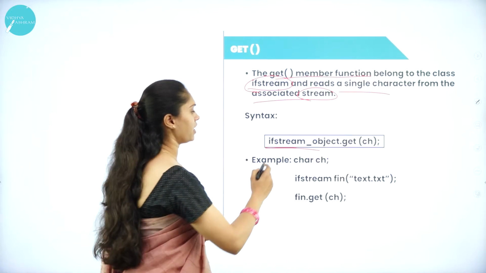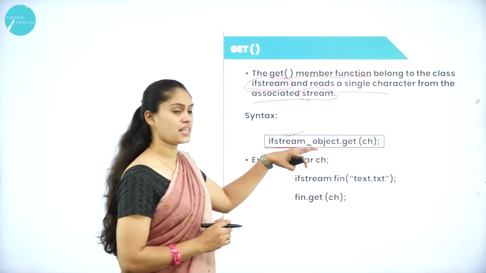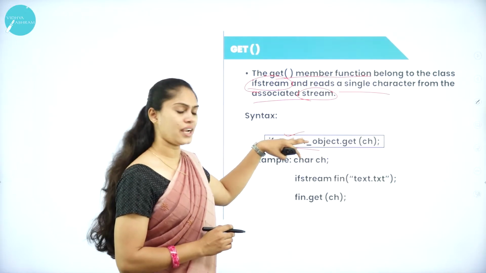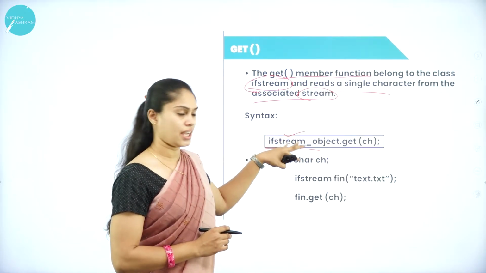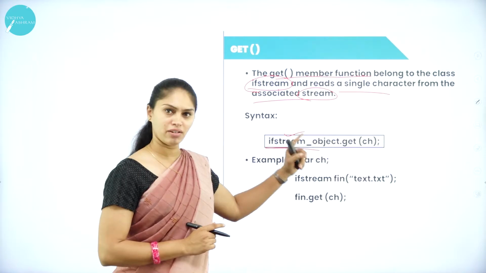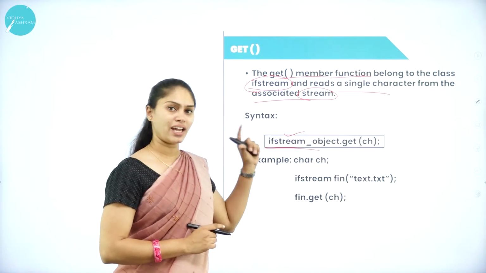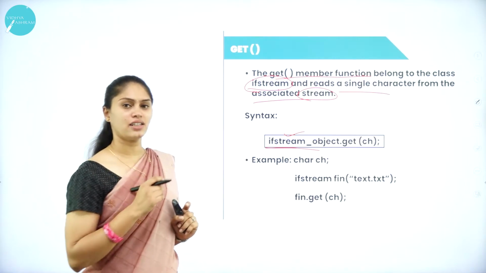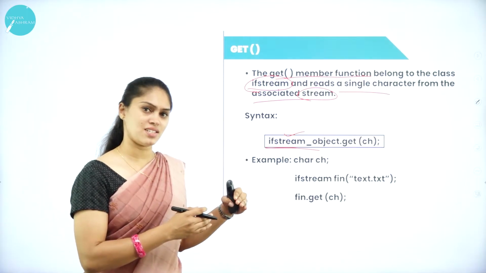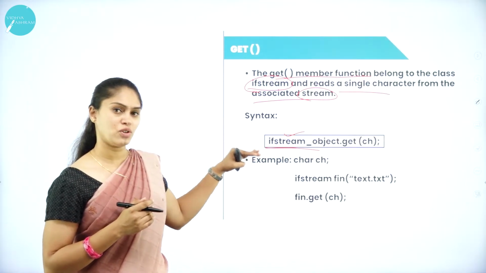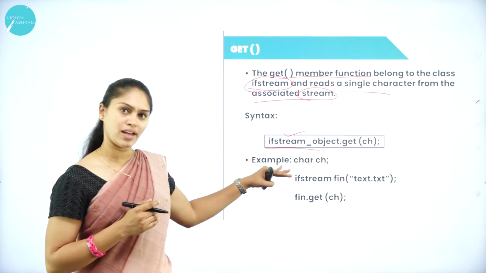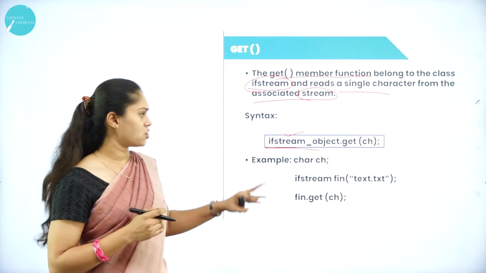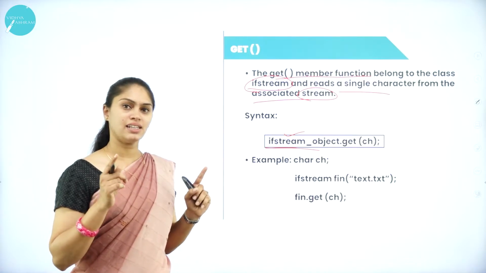Getting? Here the ifstream object is the input stream object. I am creating an object for ifstream, and then I am calling the member function get. Why is the get member function used? It is mainly used to read a single character from the stream. So I am using ifstream and calling the member function get, and within it I specify a single character.